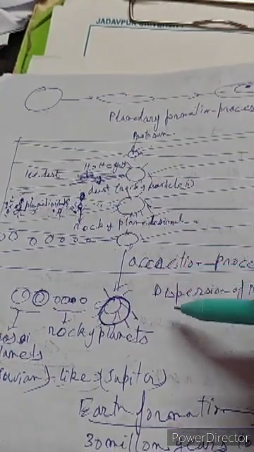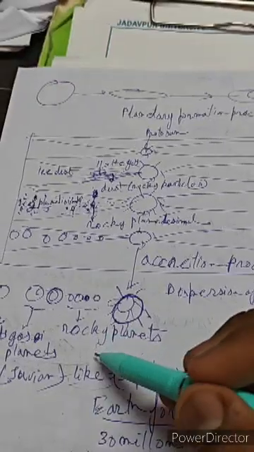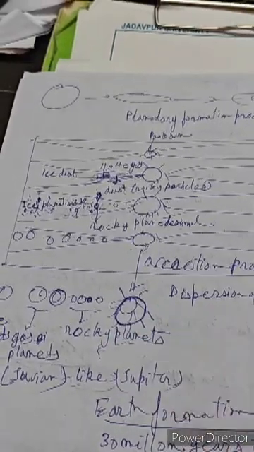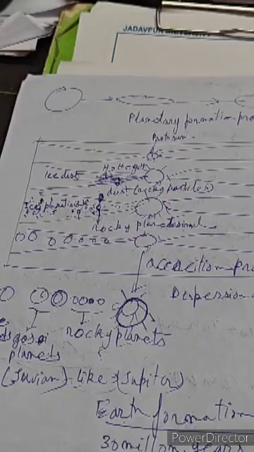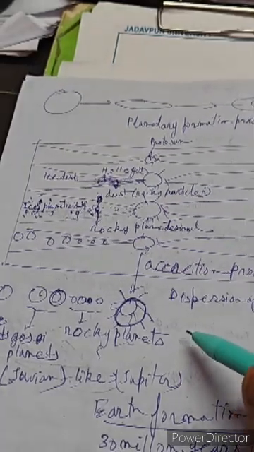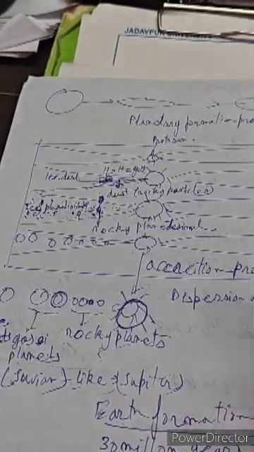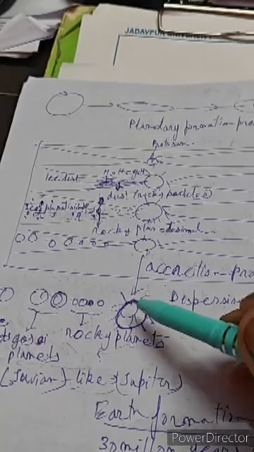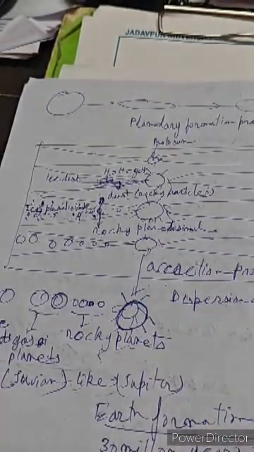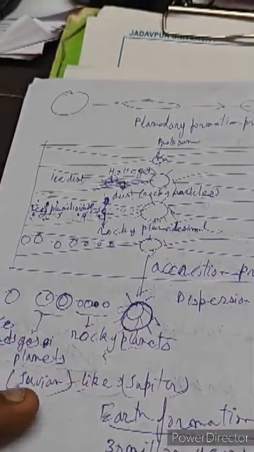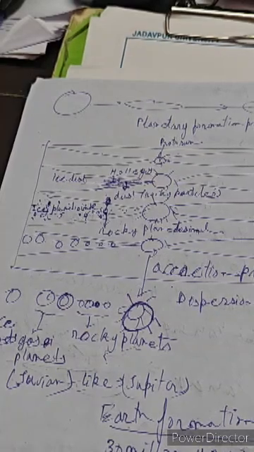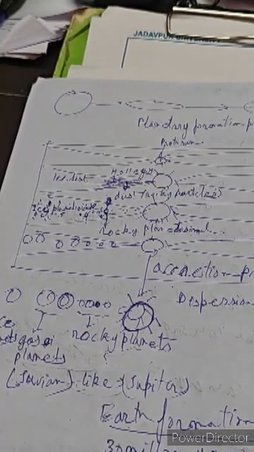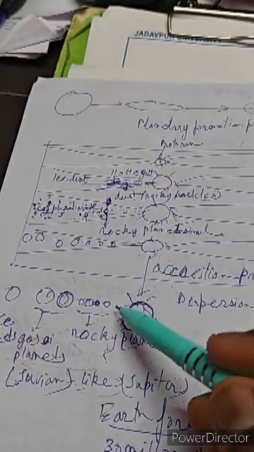And now, through the accretion process, three types of planets form. Rocky planets, or terrestrial planets, are nearer to the sun or star. Far away from the sun are the Jovian planets, which are made of gases, and their size is much higher than terrestrial planets.